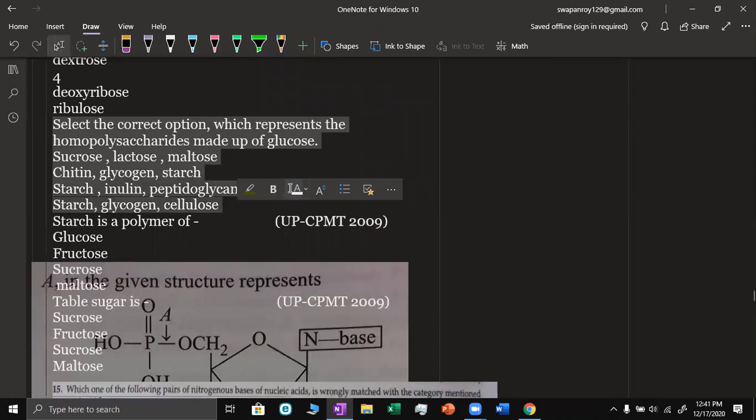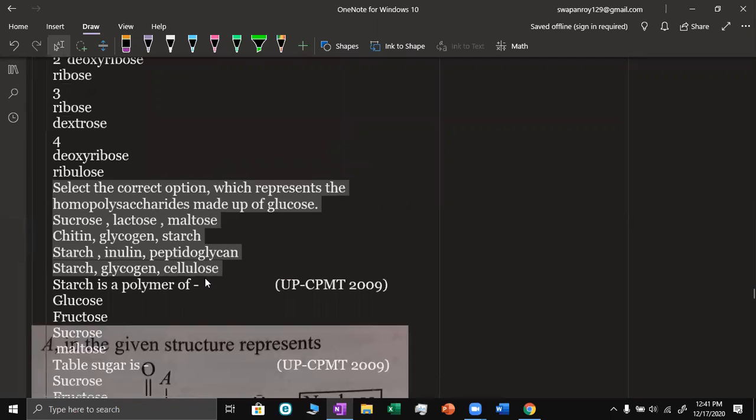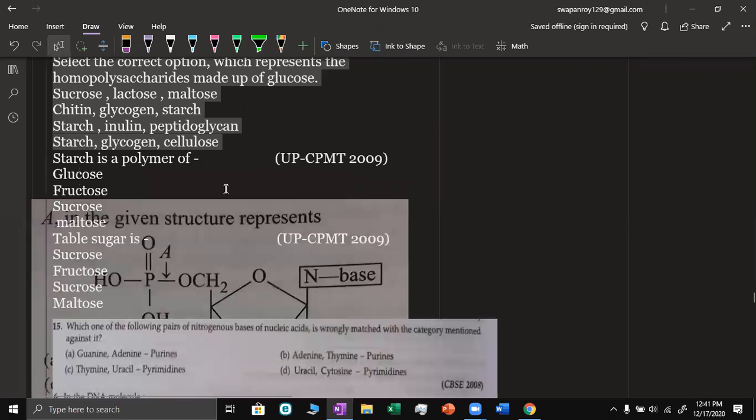This one, the selected portion. You can say, select the correct option which represents the homopolysaccharide made up of glucose. The homopolysaccharide made of glucose is this one.